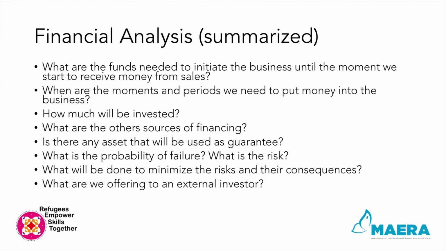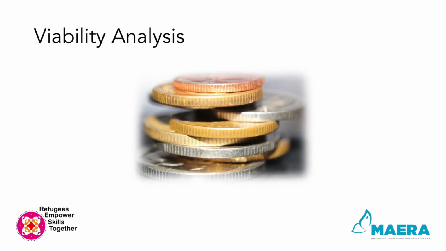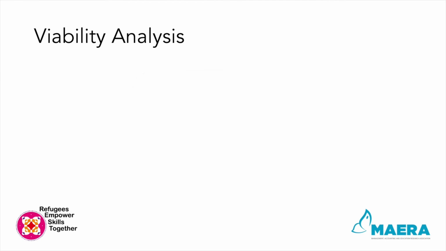The final topic of the business plan structure is viability analysis, and it's used to verify if the project or business is sustainable in the future. For that, we can use the net present value, which is the difference between the present value of cash inflows and the present value of cash outflows over a period of time.